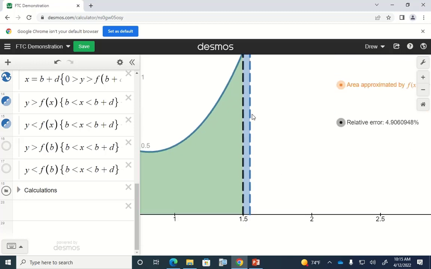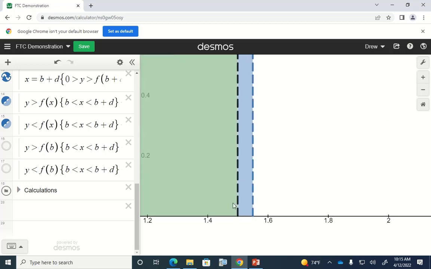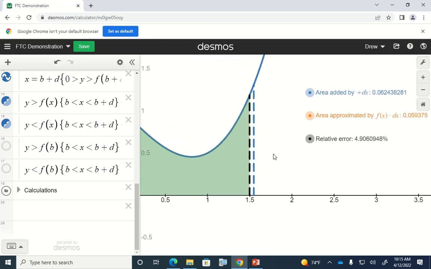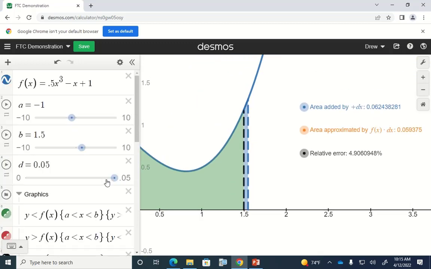So this vertical blue stripy line would be my x value, and the difference between this black stripy line and the blue stripy line would be my dx, the additional little bit that I'm adding to x. As I let dx become larger, that gives me more area, and as dx becomes smaller, it gives me less area, right?